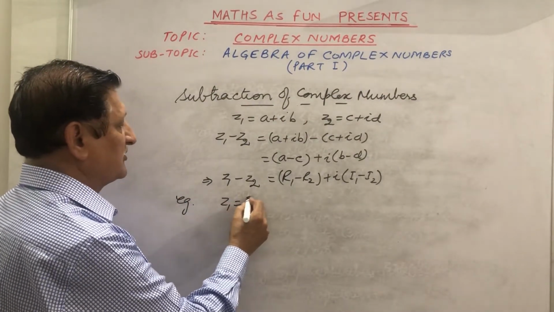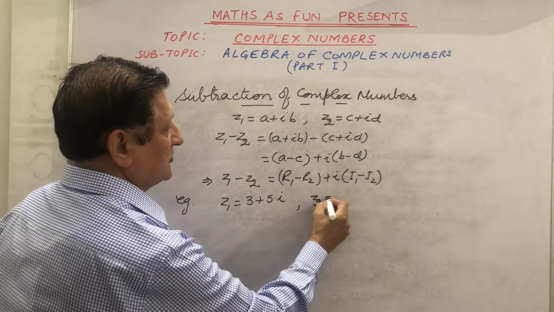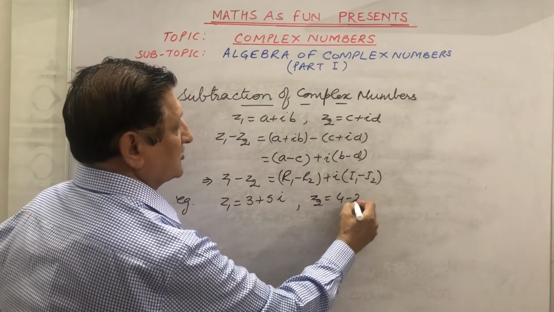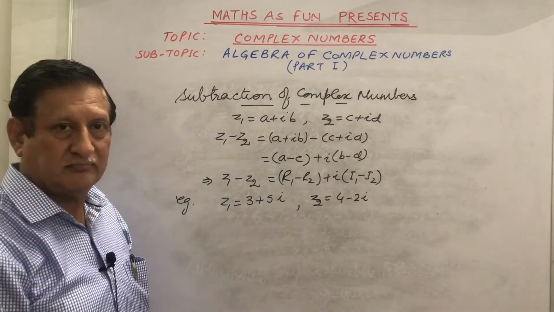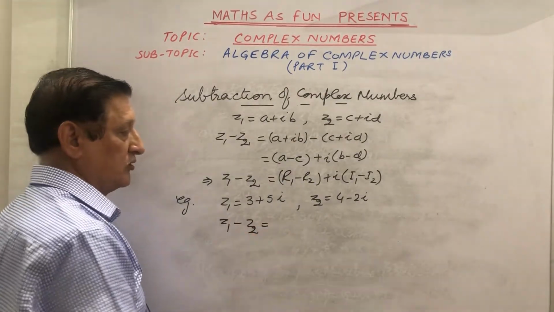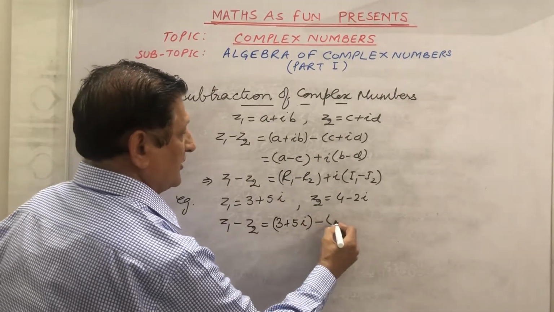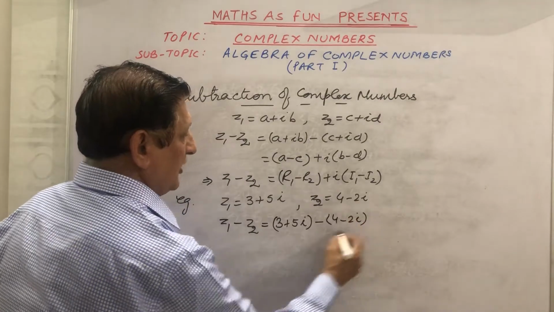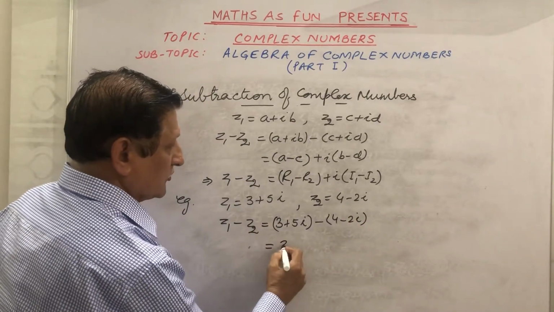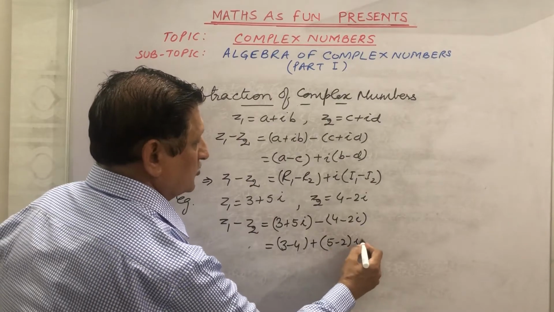Suppose we have z1 is equal to 3 plus 5 iota and z2 is equal to 4 minus 2 iota. Then z1 minus z2 is equal to 3 plus 5 iota minus 4 minus 2 iota, and that will be 3 minus 4 plus 5 minus 2 iota.